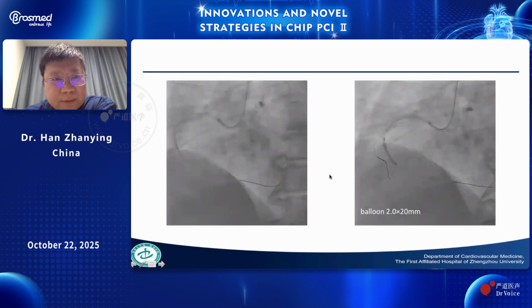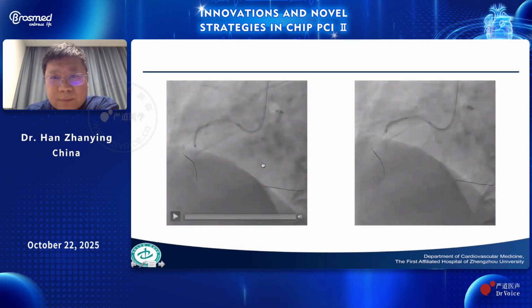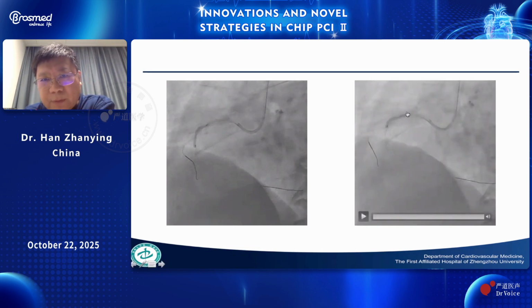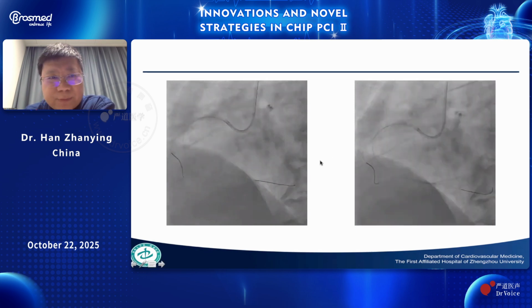You can see the proximal segment of the right coronary artery. You can fully inflate the balloon, just like this point.